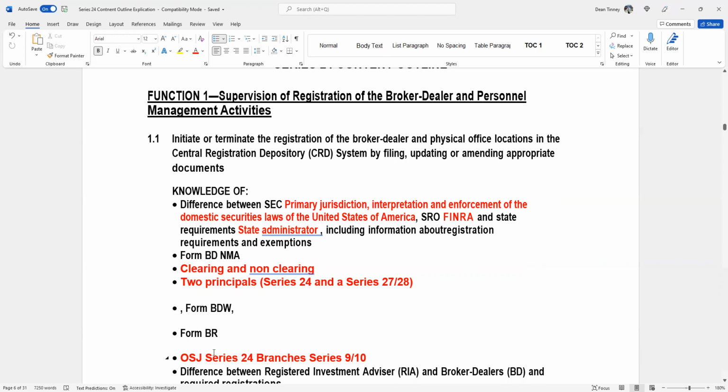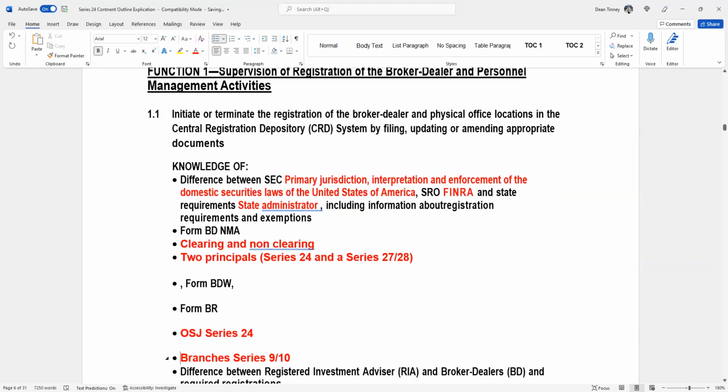At least once a year, the home office is going to have to check on the OSJ. If it's a branch that's supervising other branches, or an OSJ, that's going to require the home office to do an inspection.